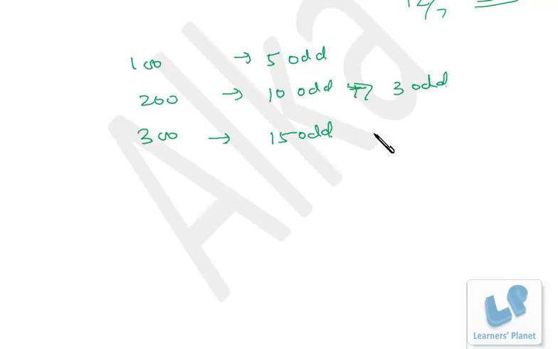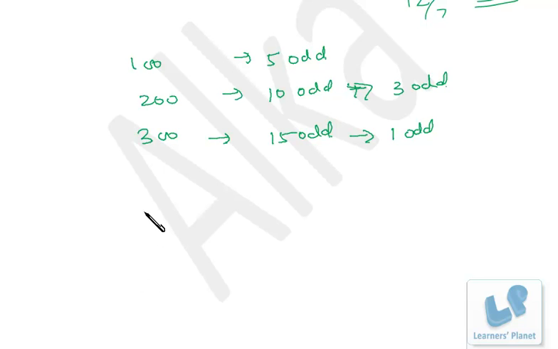Divided by 7, get the remainder, 1 odd day. Because the number of odd days will be from 0 to 6 only. So whenever you are exceeding 6, just divide it by 7 and get the remainder. So in 200 years, 3 odd days are there. In 300 years, 1 odd day is there.